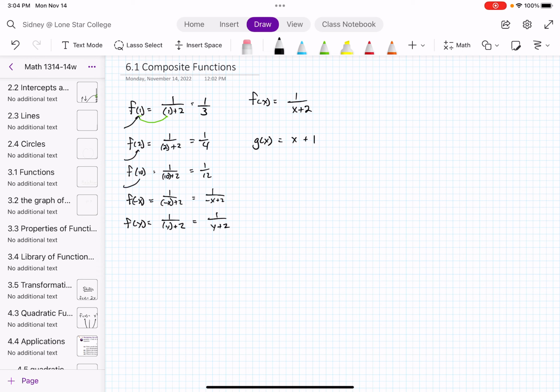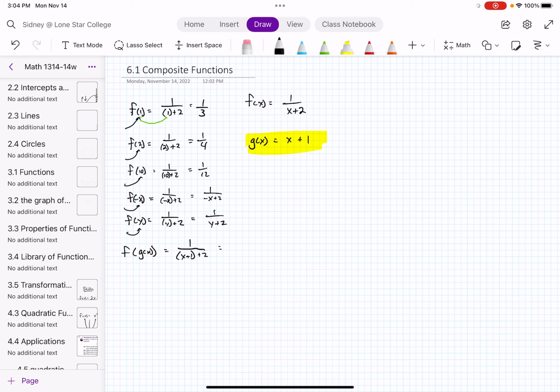Well, we can also plug in other functions. I could do this, f of g of x. As in, I'm going to take the g function, and I'm going to plug it into the f function. And so what that would look like is 1 over, and where x was, I'm now going to plug in g of x, which is x plus 1.